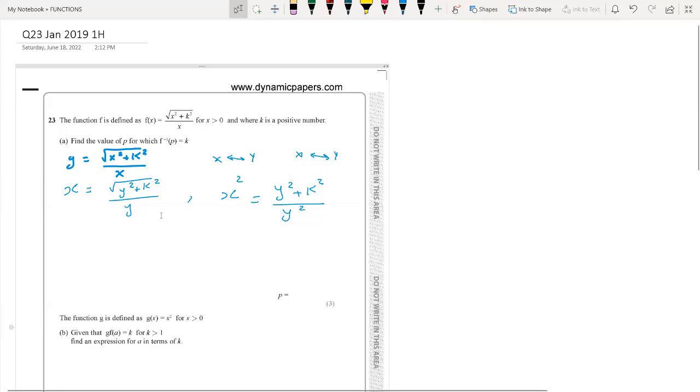Now I rearrange: y squared x squared equals y squared plus k squared. Then y squared times x squared minus 1 equals k squared. From here, y squared equals k squared over x squared minus 1.